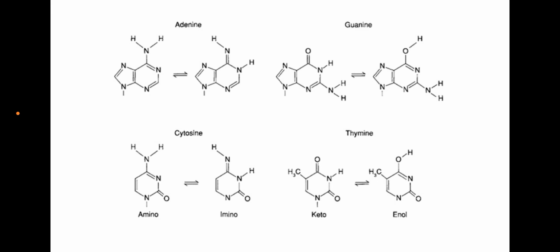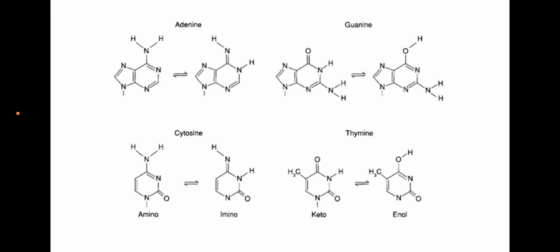What happens because of this is that the amino group, which forms hydrogen bonds, when it becomes the imino form, cannot form a hydrogen bond. This amino group acts as a donor for hydrogen bonds. Similarly, in guanine, the oxo group acts as an acceptor for the hydrogen bond.